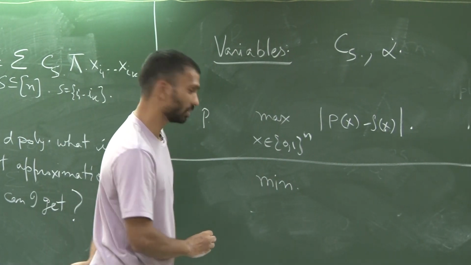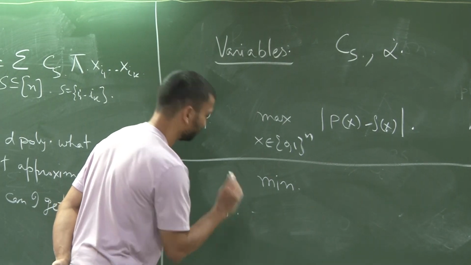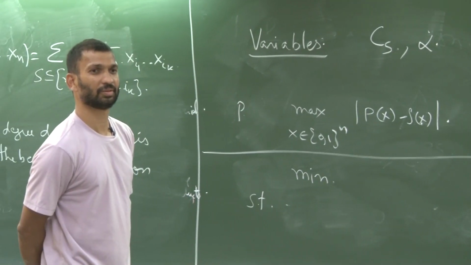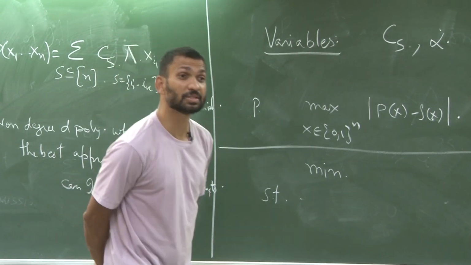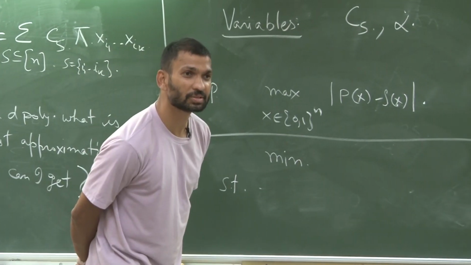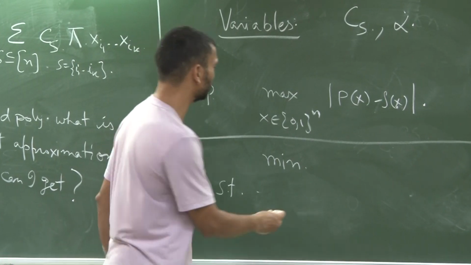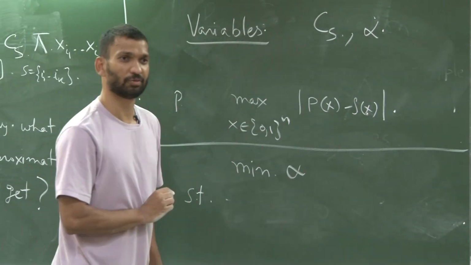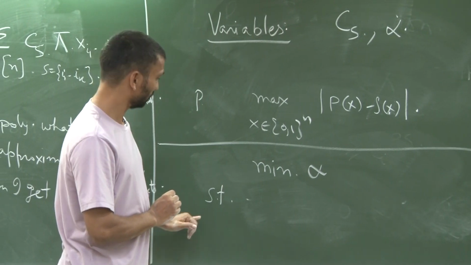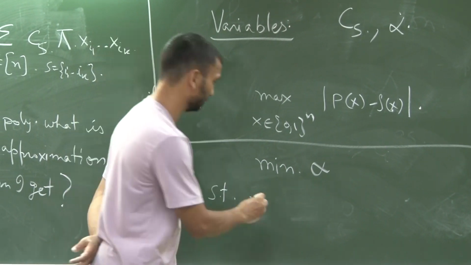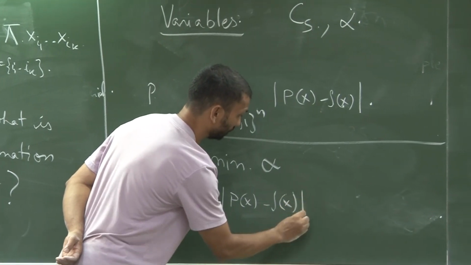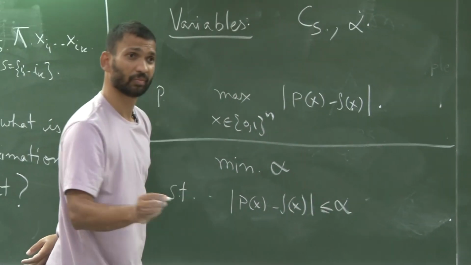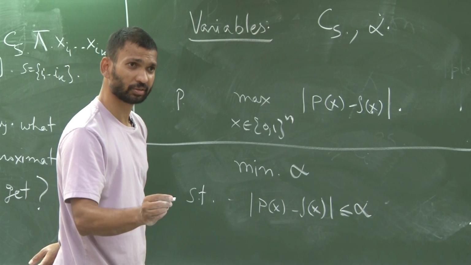You want to minimize something. Minimize bound means alpha, right? Yes. So you want to minimize alpha. Constraint is, that what you are saying?